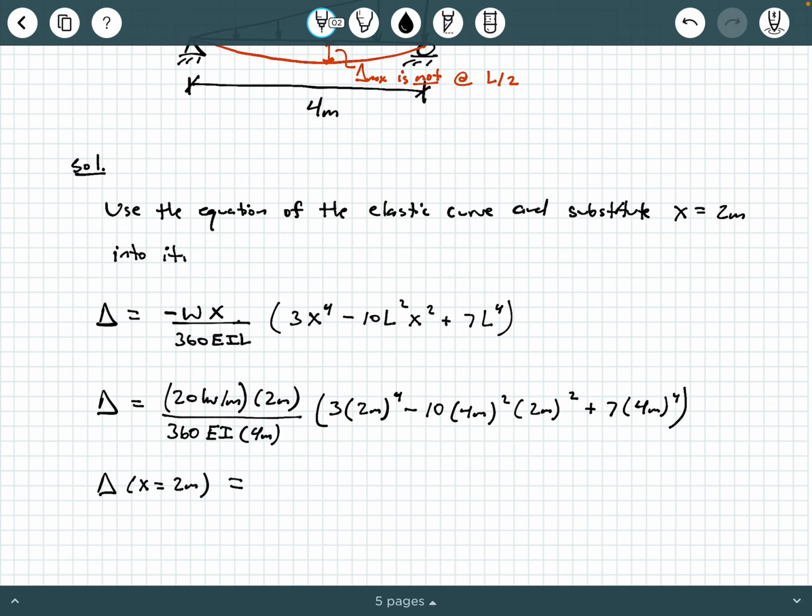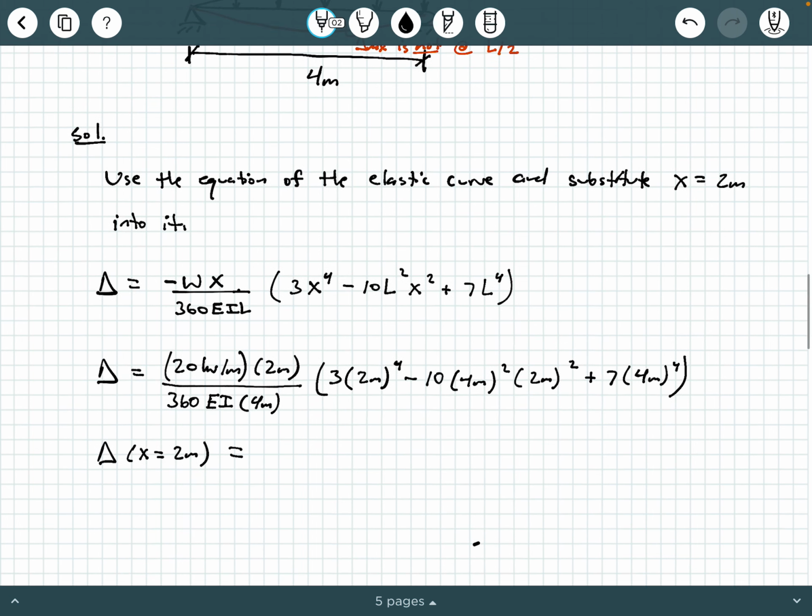Okay, and we're going to say times 20 times 2 divided by 360 divided by 4. And so I end up getting 33.3. Now, what kind of units do we get here? You should get kilonewton times meter cubed over EI, and that's going to be deflecting downward.